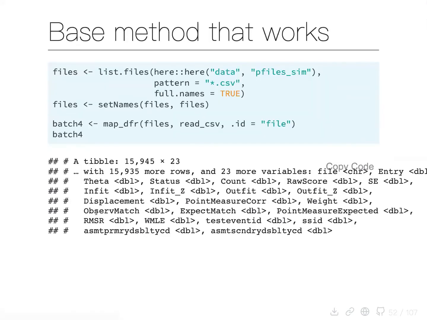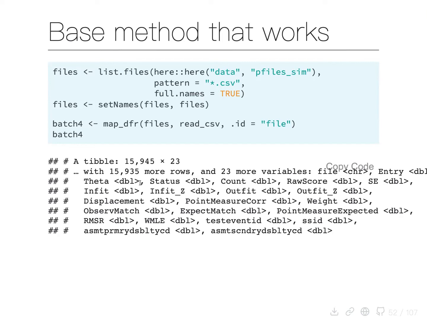So what would probably be the most helpful is to do something where we're first getting the full names, and then this is just exactly replicating what fs does, where I'm saying set names of files is files, okay, and then everything is the same. But what would actually probably be the best is if we said list.files without full.names equals true, and then list.files again with full.names equals true.